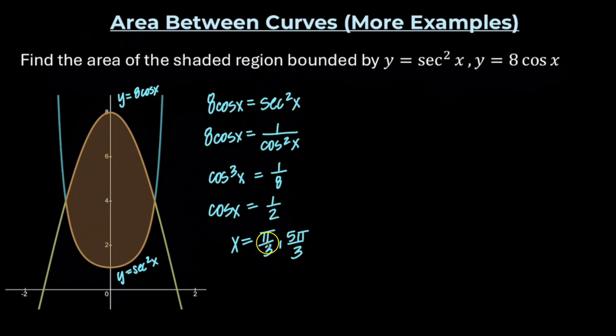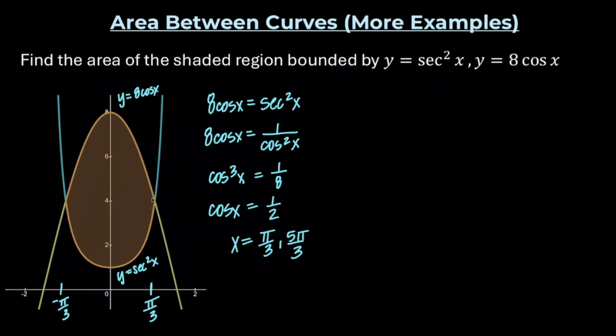But actually, knowing pi over 3 is enough because that's the first positive value. So we know that this positive point of intersection is pi over 3. And because of symmetry, this value over here is going to be negative pi over 3. And that's enough to set up and then find the area.